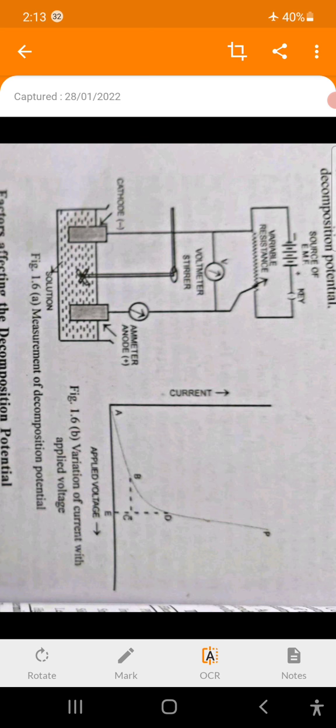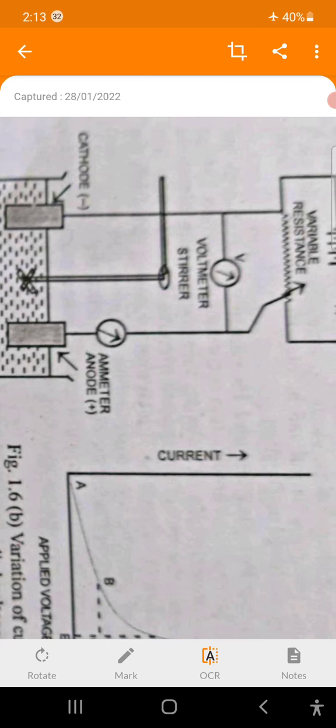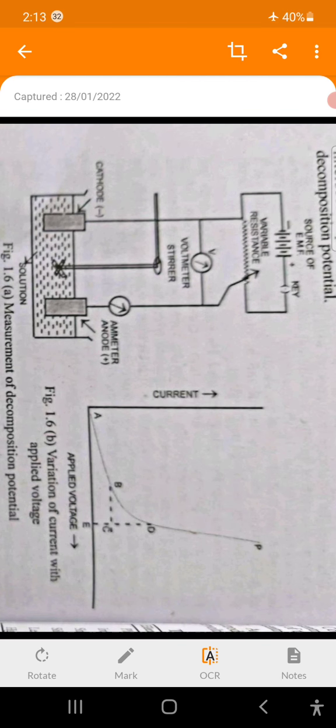Here, initially why is there a small increase in current with increase in applied voltage? Because electrolysis of that electrolyte solution does not start to take place; the voltage up to point C is not sufficient.